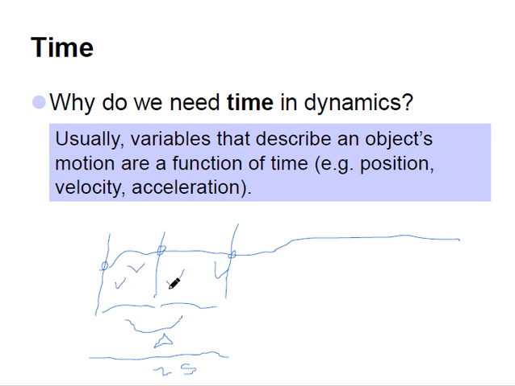Position 1 and position 2 are different, and position 1 and position 2 of the second object are different, and we're looking at it over time. Let's start to use the symbol T. You're looking at that activity over time from this point to that point. From here to here, we call that time 2 seconds.